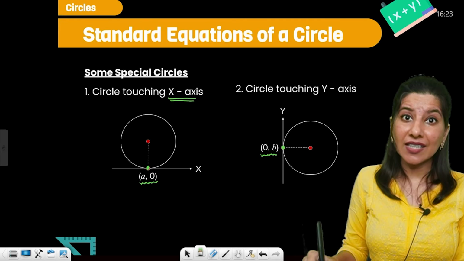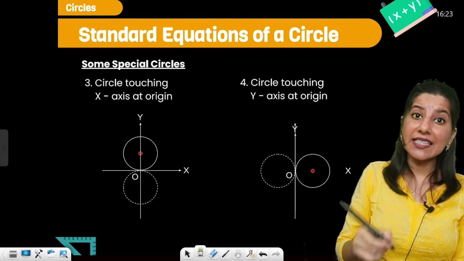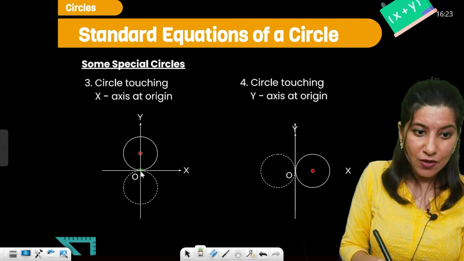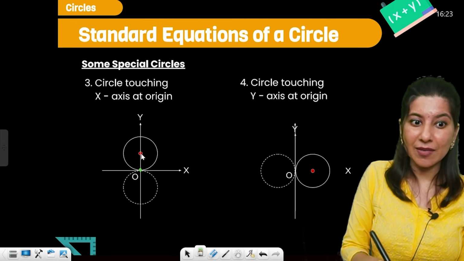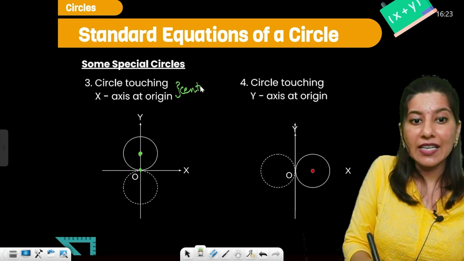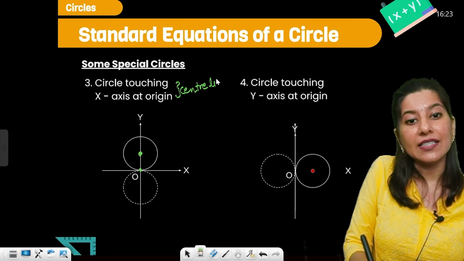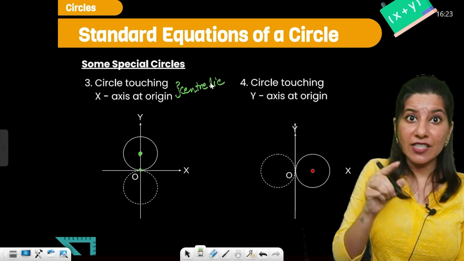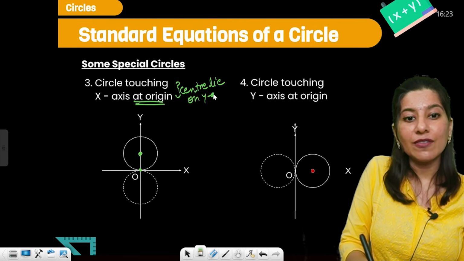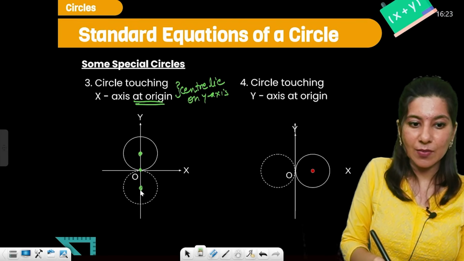Now, a circle touching the x-axis at the origin is okay. So at the origin (0, 0) it will touch. That means in this case the center will lie on the y-axis. If a circle touches the x-axis at the origin, then the center lies on the y-axis. You can see as per the diagram.